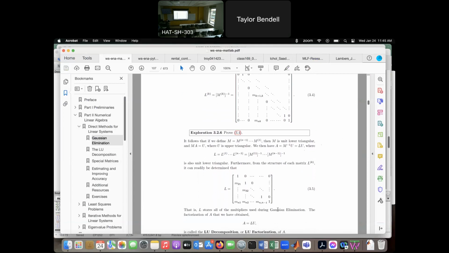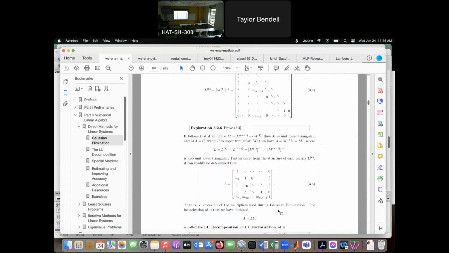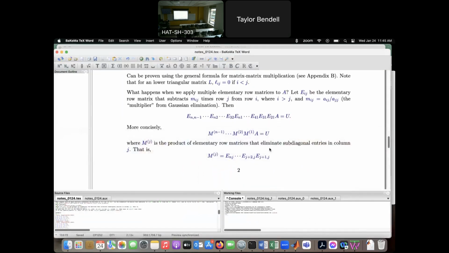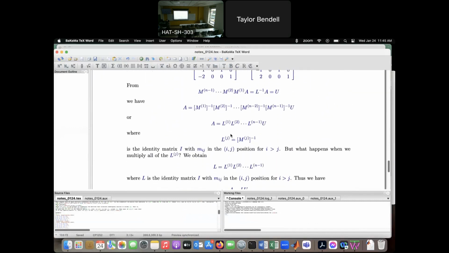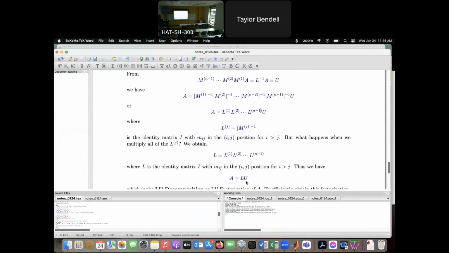So what I've just shown is that A can be factored into L times U, where L comes from inverting all of the elementary row matrices that are used to compute U, and then times U itself.